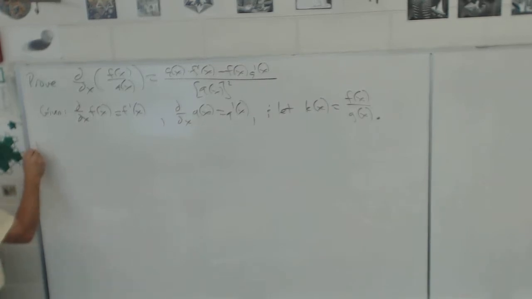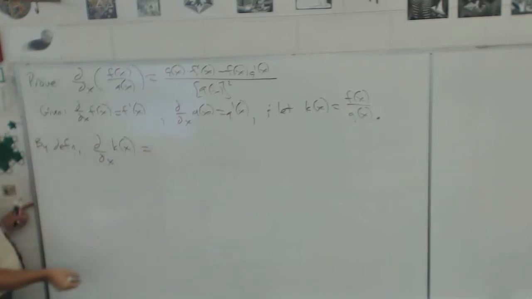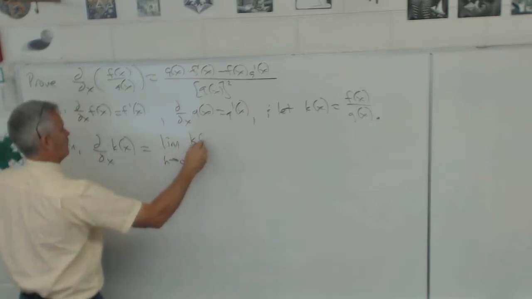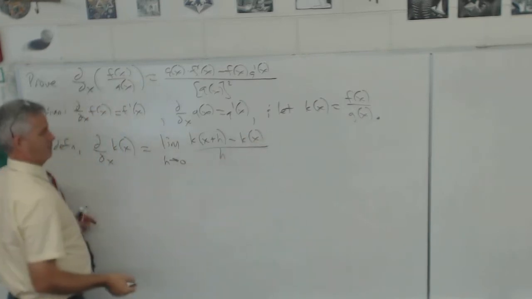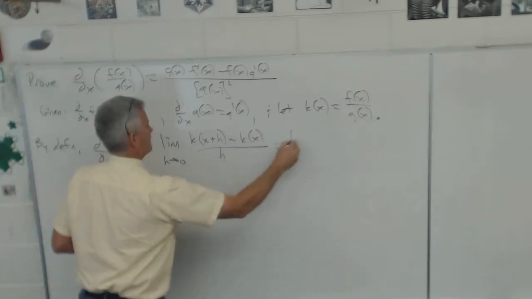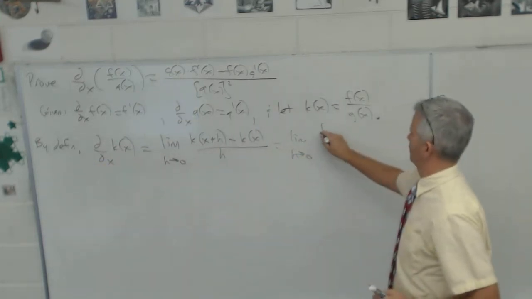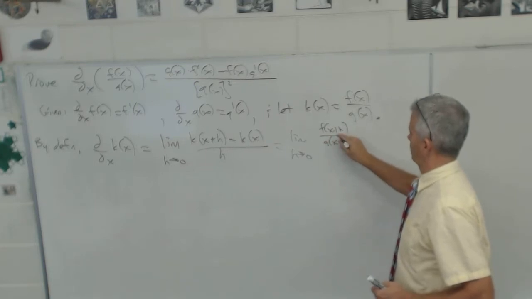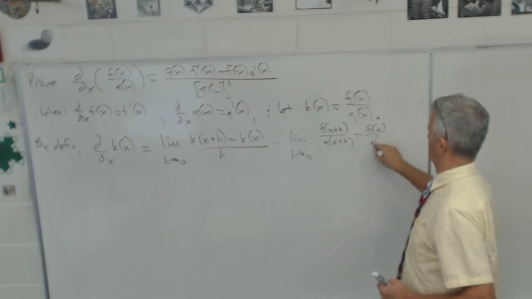The derivative with respect to x of k of x is equal to the limit as h approaches 0 of k of x plus h minus k of x all over h, which equals the limit as h approaches 0 of f of x plus h over g of x plus h minus f of x over g of x, all over h.